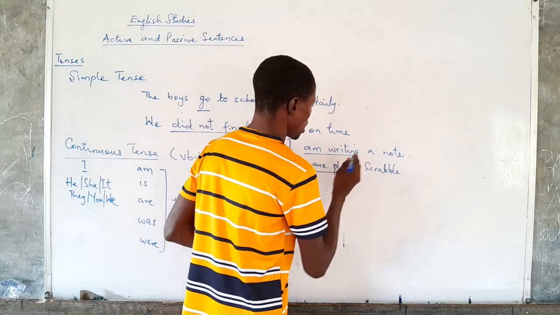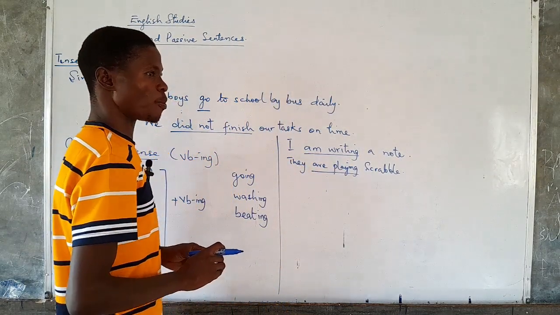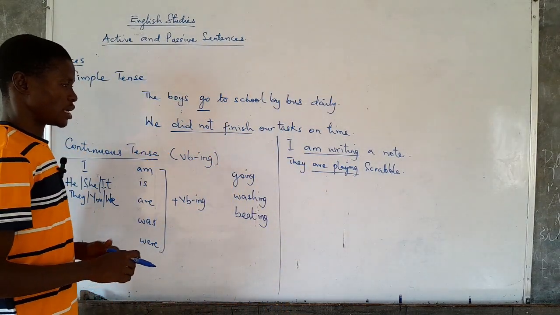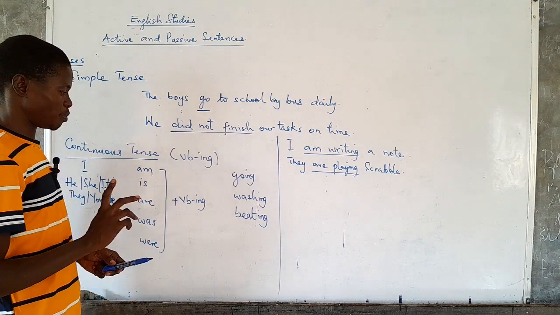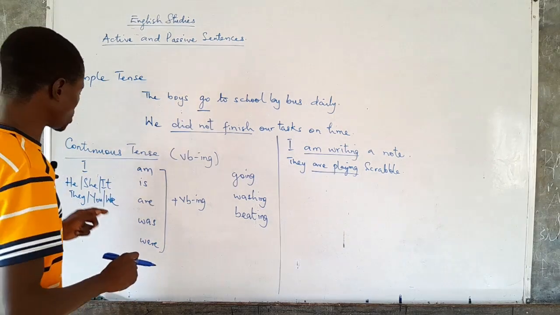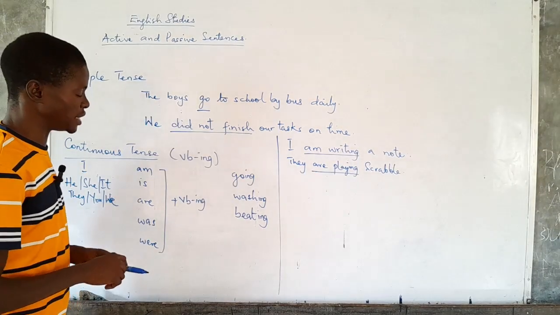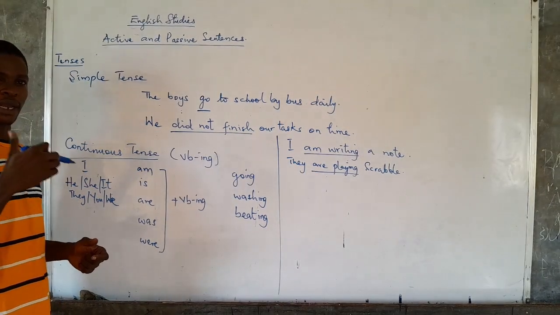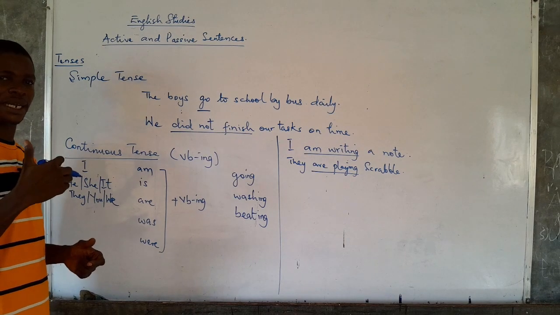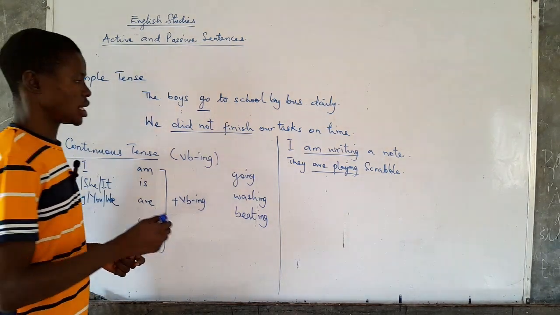I'm playing, I'm writing. Now, apart from that, let's talk of the past form. Please take note of this. When we're speaking of the past continuous tense, we have to indicate another clause that indicates past action.